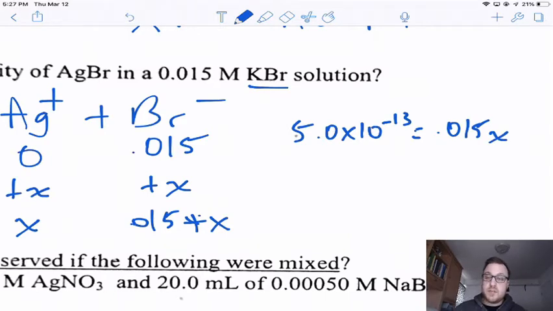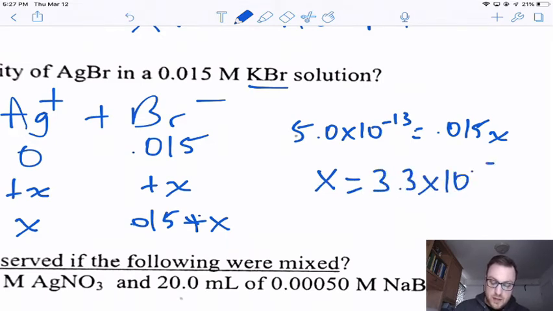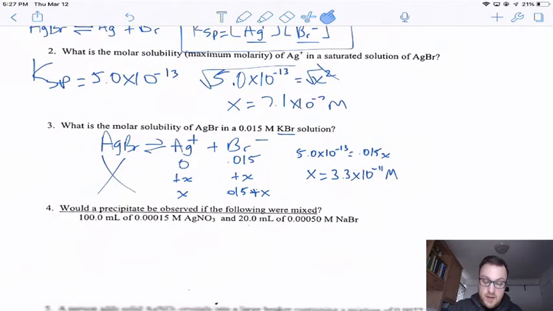So you divide both sides by 0.015, and you should get around 3.3 times 10 to the negative 11th power. There we go. So it changes a little bit when you have an ion in common. And in this instance, it's gone down pretty significantly.